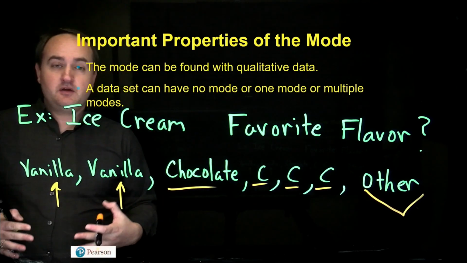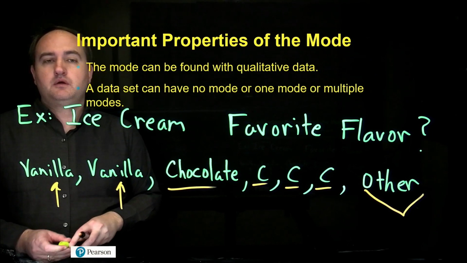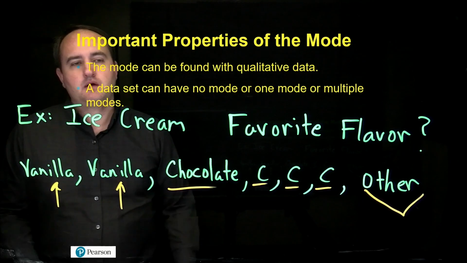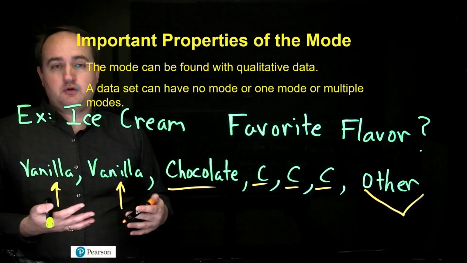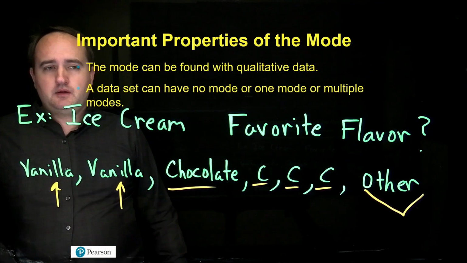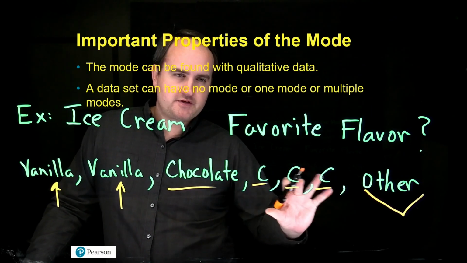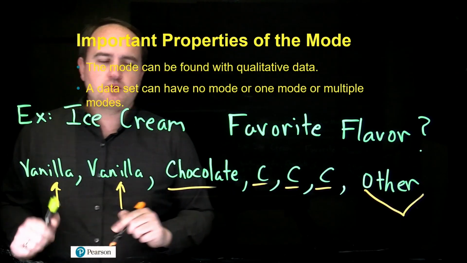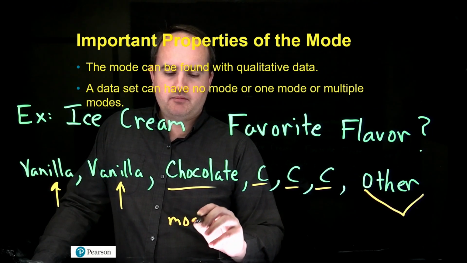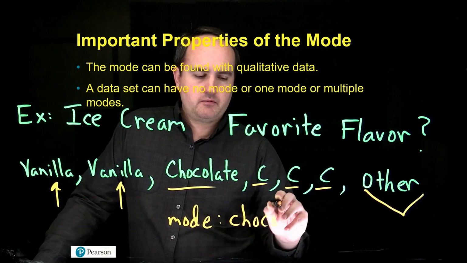So you can actually find the mode here as a measure of center, even though we don't have numbers, we have categories. We could all see that the most popular ice cream flavor in this invented example would be chocolate, because chocolate occurs 4 times, vanilla only occurs twice, and other only occurs once. So here we would say the mode for this data set is chocolate.